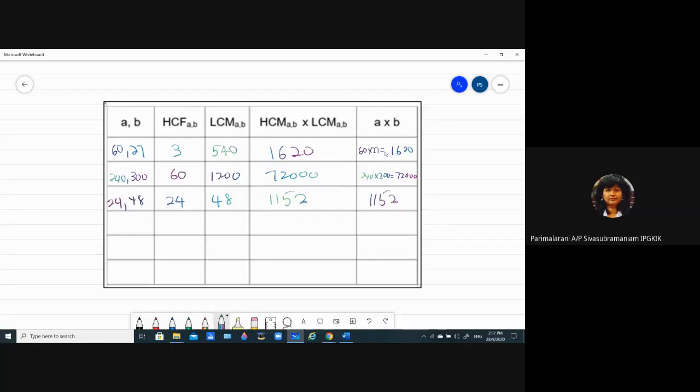Now that we have filled this table, what can you say about HCF and LCM? What's the relationship between them? The values in these two columns are the same.